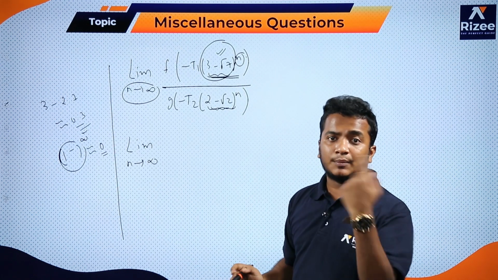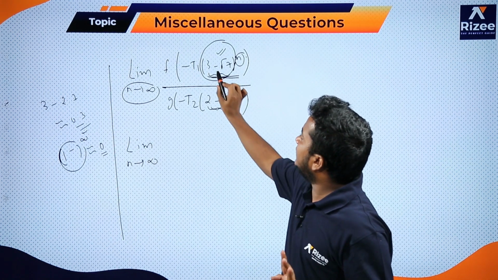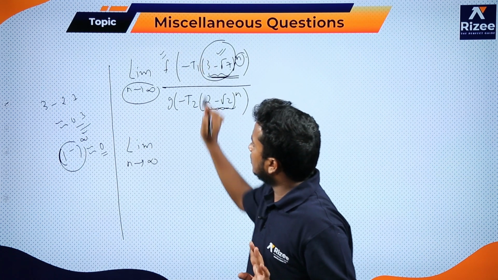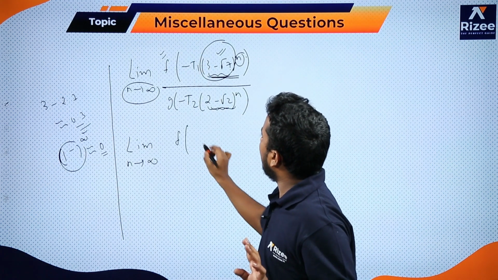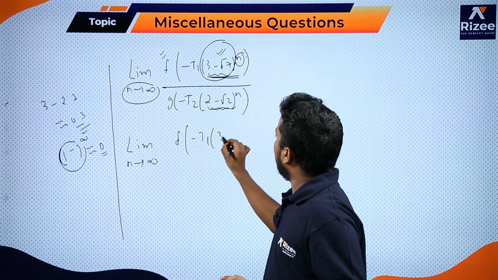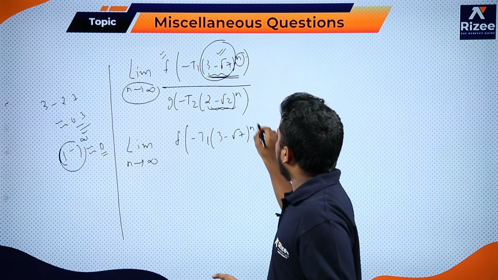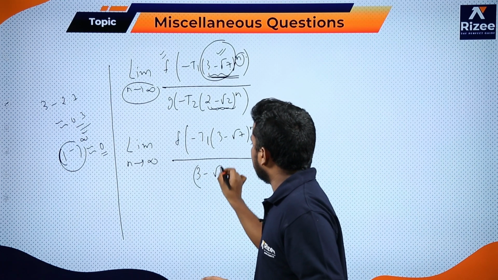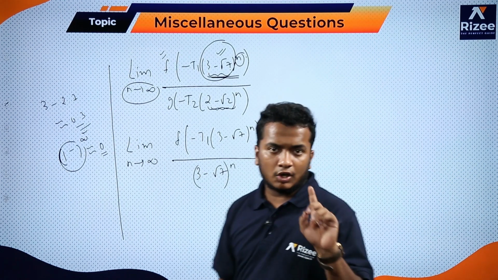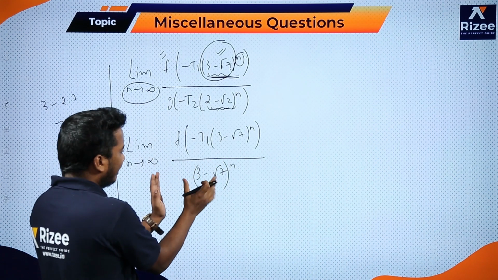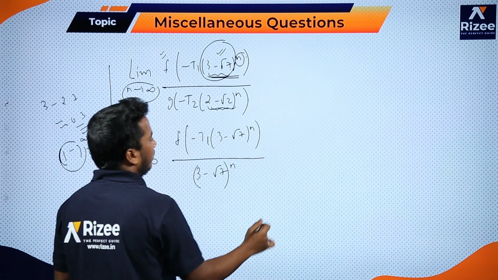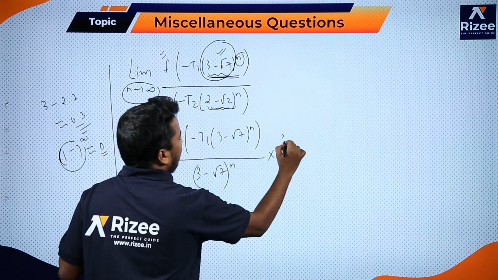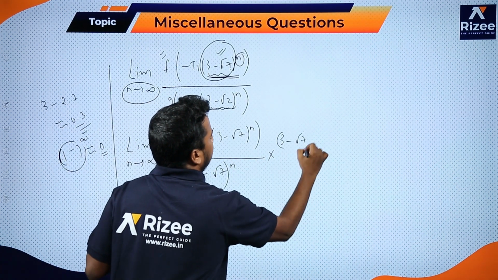I will divide by something in the denominator, which is (3 minus root 7) whole power n in case of this function. So I will write f of minus t1 into (3 minus root 7) whole power n divided by (3 minus root 7) whole power n. Obviously I will compensate by multiplying the similar factor in the numerator, (3 minus root 7) whole power n.